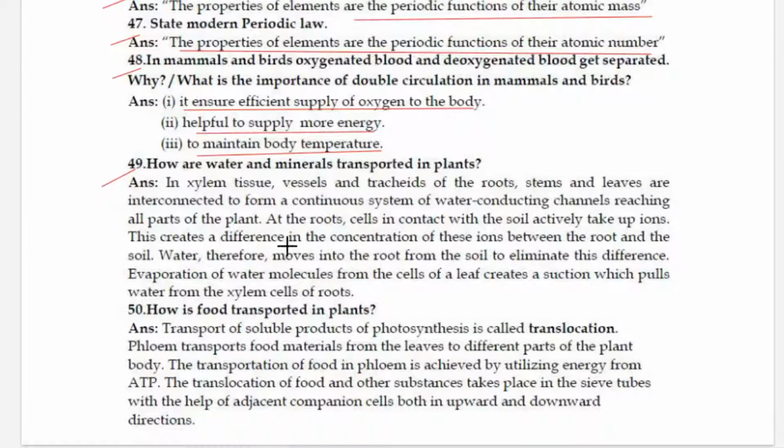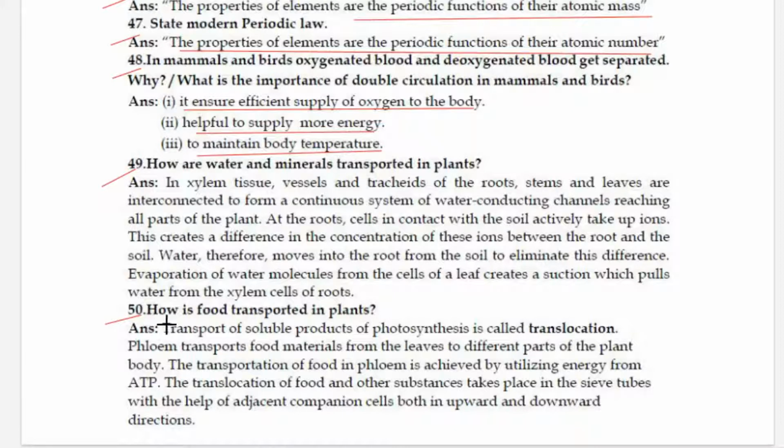This creates a difference in the concentration of these ions between the root and the soil. Water therefore moves into the root from the soil to eliminate this difference. Evaporation of water molecules from the cells of a leaf creates a suction which pulls water from the xylem cells of roots.